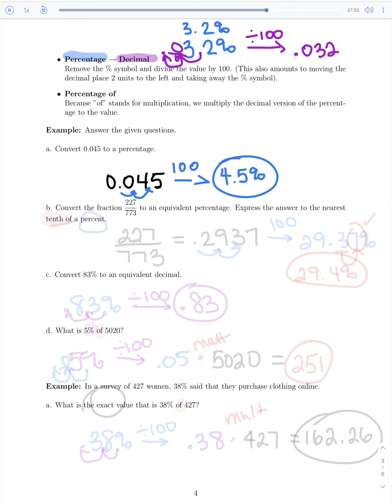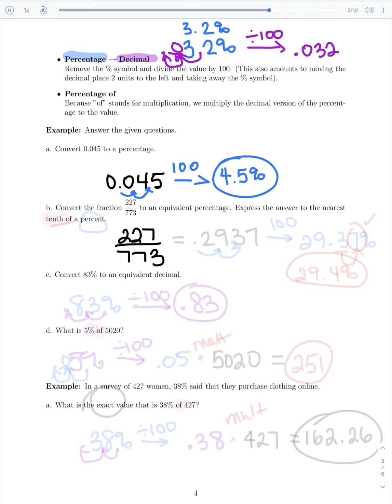Let's take a look at this next one. On the next one, we've got the fraction 227 over 773. In order to turn it into a percentage, we have to first turn it into a decimal. How do you turn it into a decimal? Well, we have to go ahead and do the division.